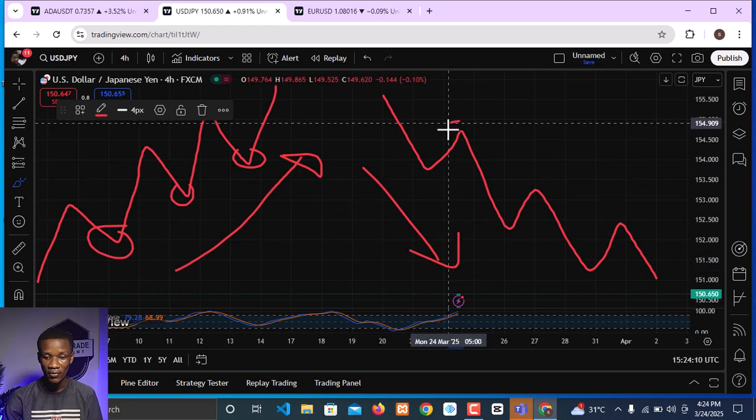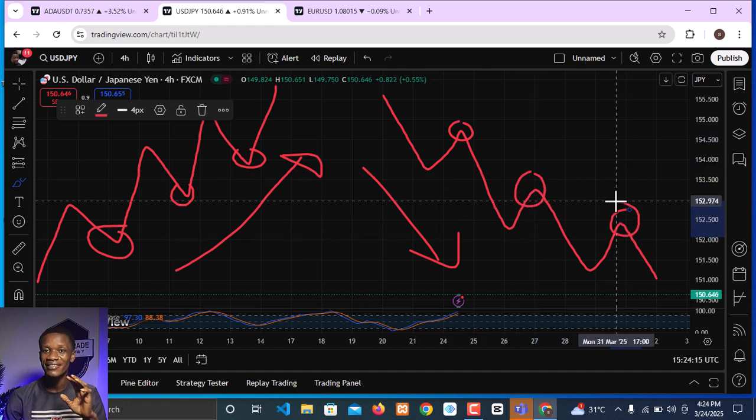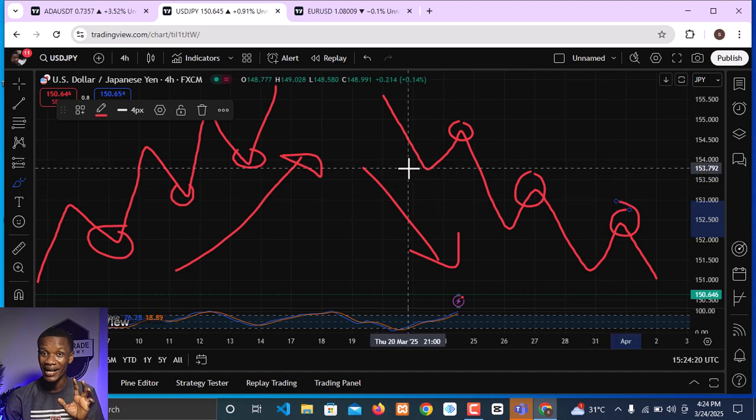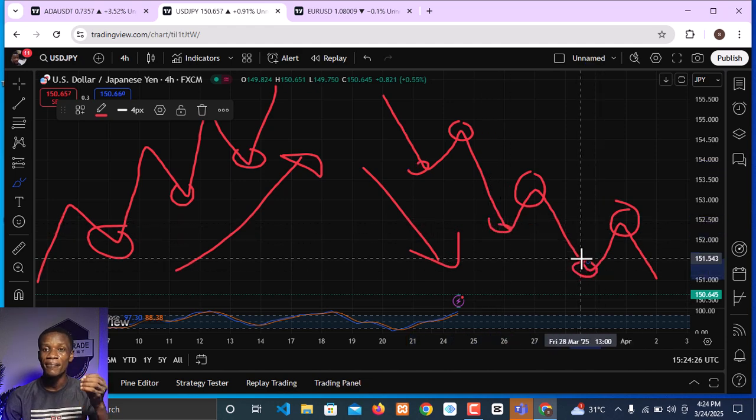So we want to sell from here, from here, from here when the stochastic enters into the overbought condition, and avoid buying the market from this point, this point, and this point, because the market is in a downtrend. This is the right way to use the stochastic. You trade in line with the trend and don't counter trend trade at all, because the stochastic indicator is a momentum indicator. We want to trade in the direction of the prevailing momentum in the market.